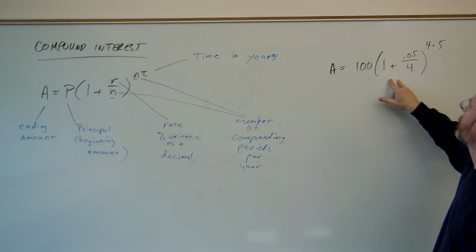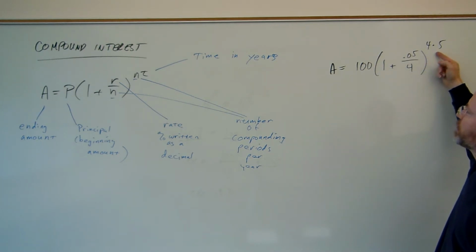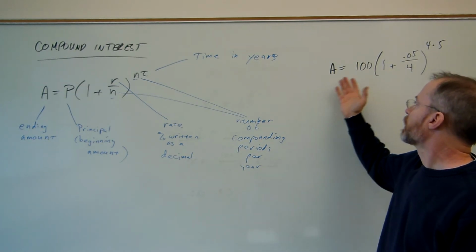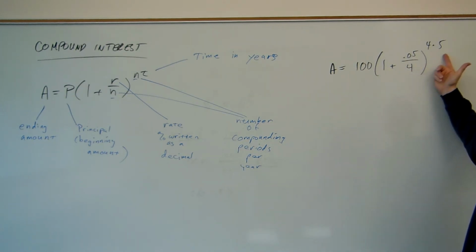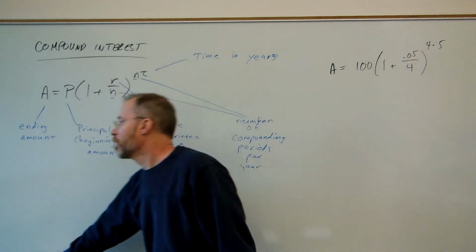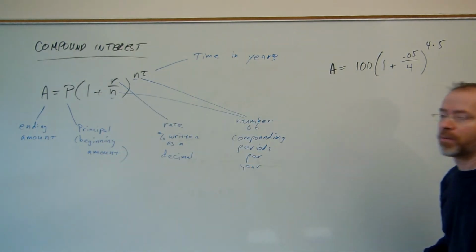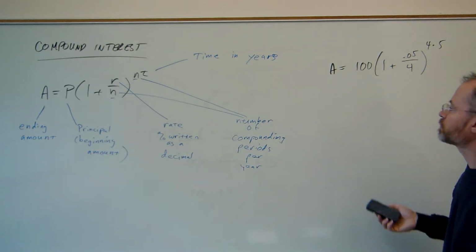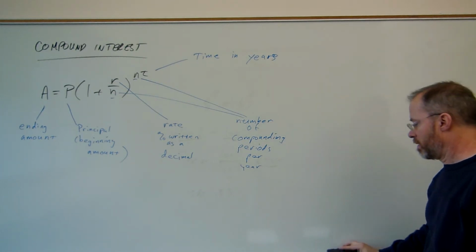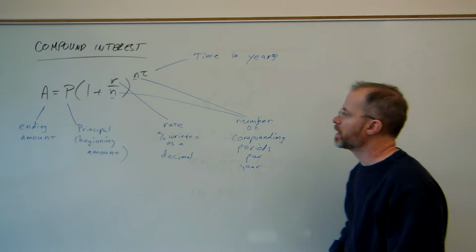You'd probably want to do the stuff in the parentheses and then raise to the 20th power and multiply by 100. You'll find out how much money that $100 is worth at the end of 5 years, invested at 5% compounded quarterly. I won't go through that, but that's how that formula is used most directly. We've got some more interesting applications of it later in the weekly assignment.